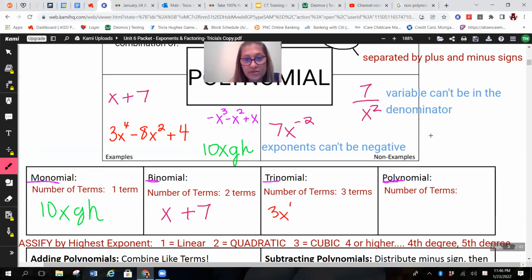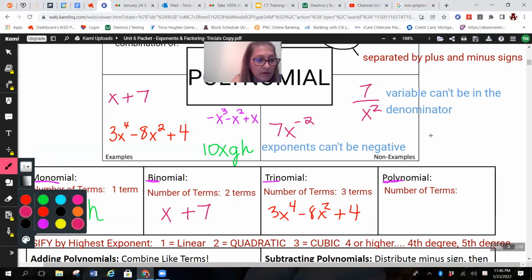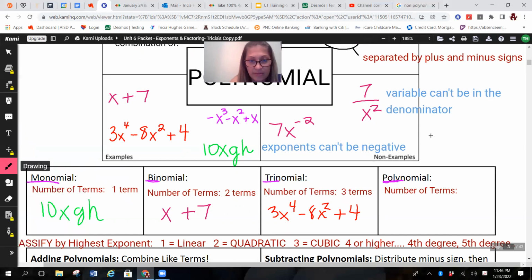It was 3x to the 4th minus 8x squared plus 4. Also the other example in purple, negative x cubed minus x squared plus x. That's also 3 terms. Sorry about that.